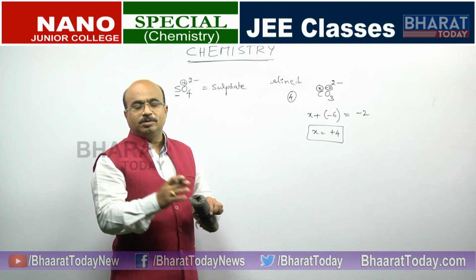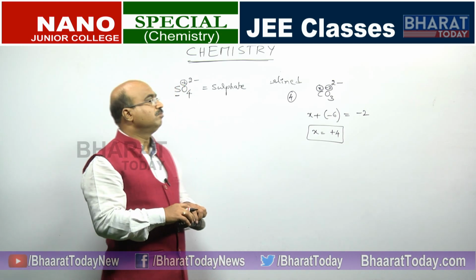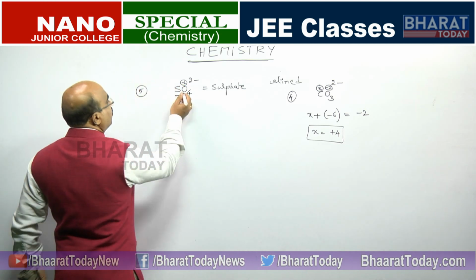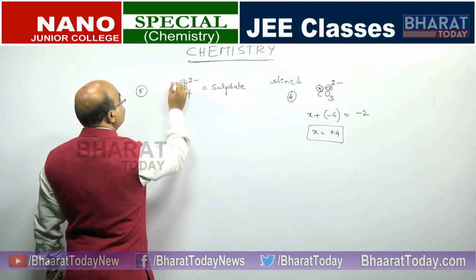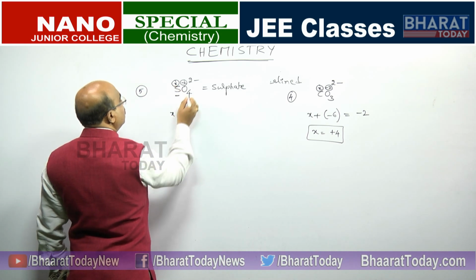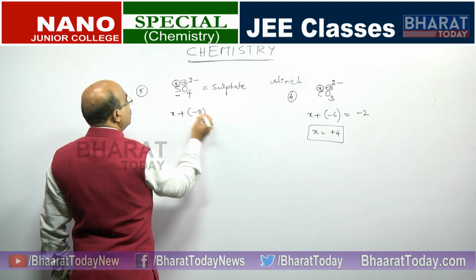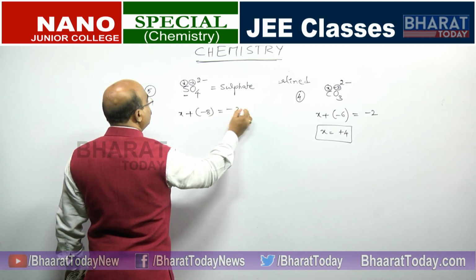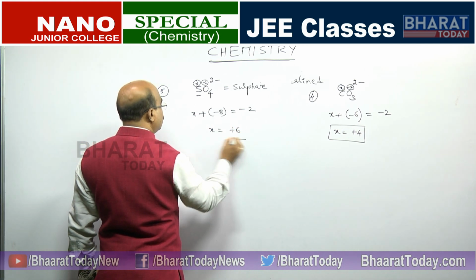Here there is no O2 peroxide, that is it. So this is x, x into 1, plus 4 into minus 2, that is minus 8, is equal to minus 2, therefore x is equal to plus 6.